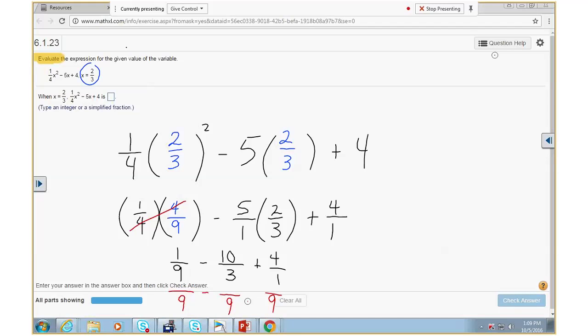Negative and positive. How many times will 9 go into 9? 1 time. 1 times 1 is 1. How many times will 3 go into 9? 3 times 10. And how many times will 1 go into 9? 9 times 4 is 36. So we have 1 minus 30 plus 36 over 9.